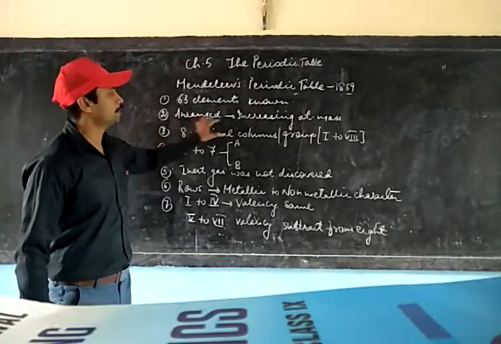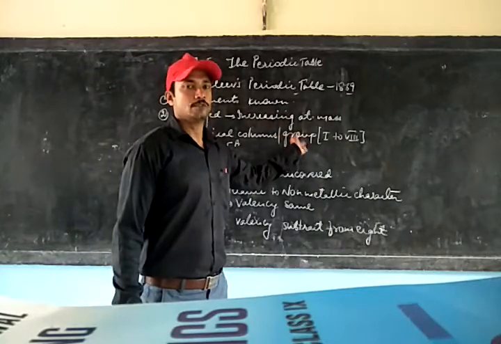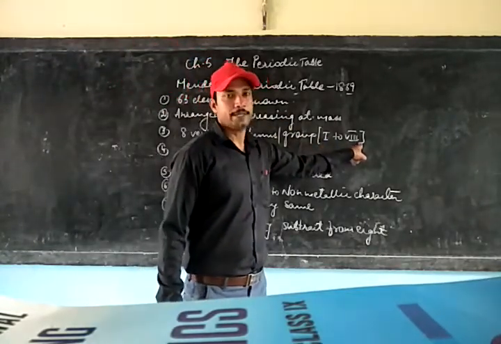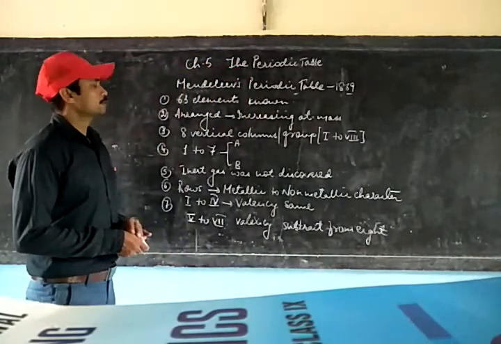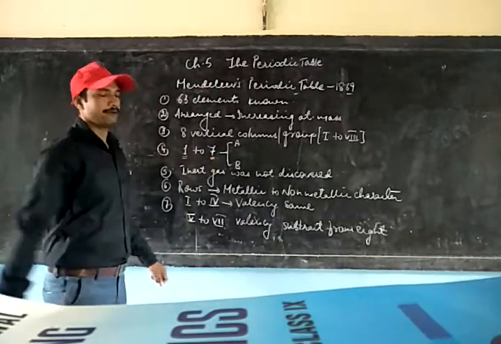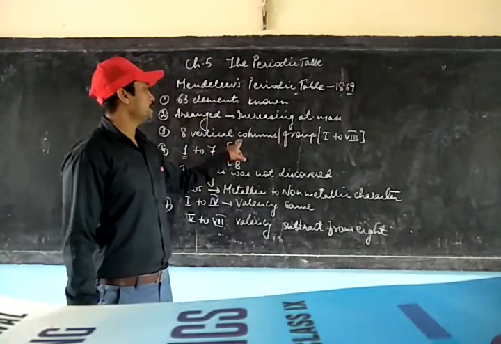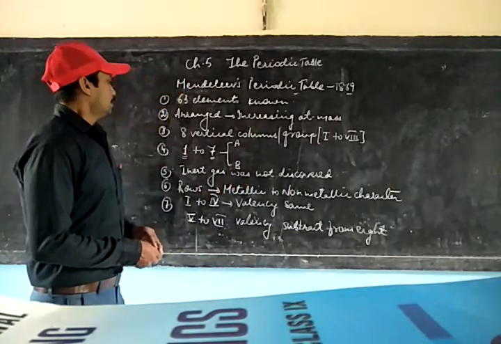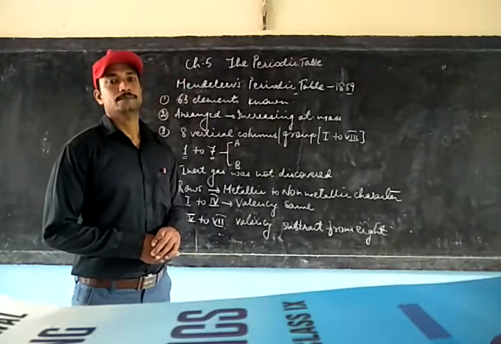Altogether there were 8 vertical columns, which are called groups. So there were altogether 8 groups, namely 1 to 8. Out of these 8 groups, group number 1 to group number 7 had 2 subgroups also, namely A and B. One more important thing: inert gases were not discovered at that time.